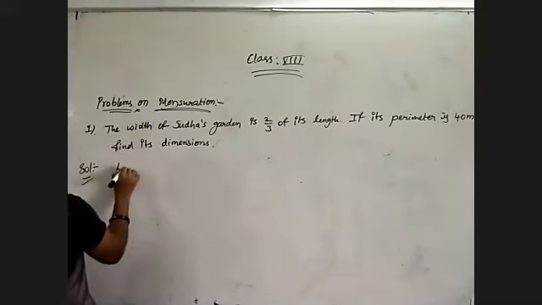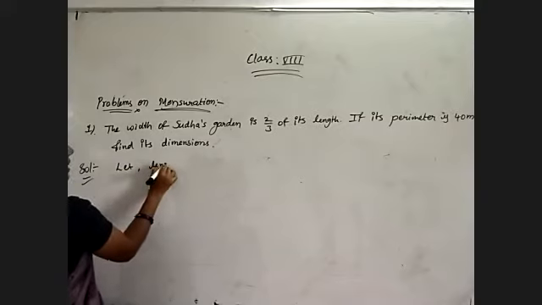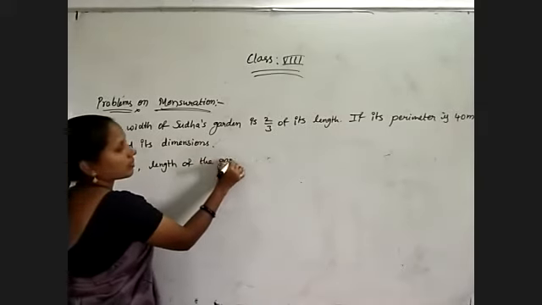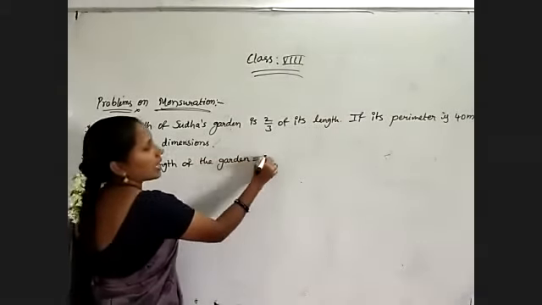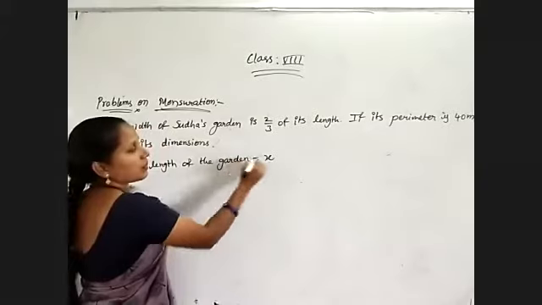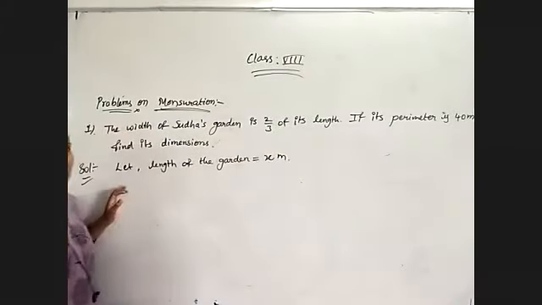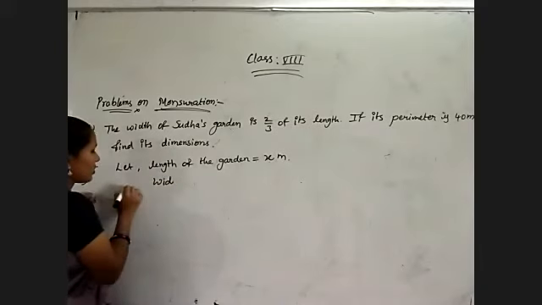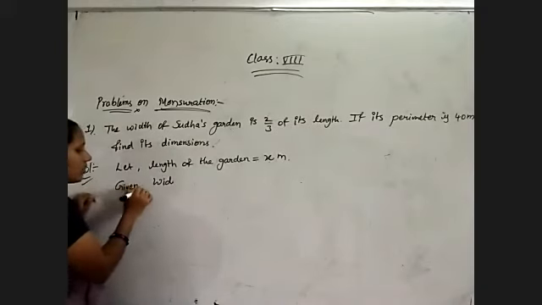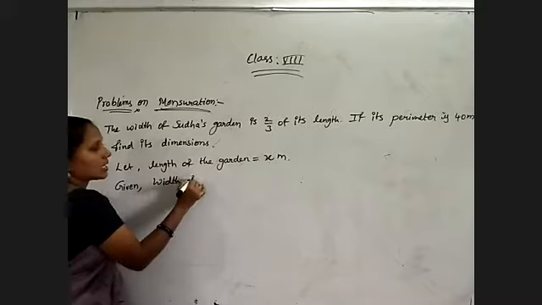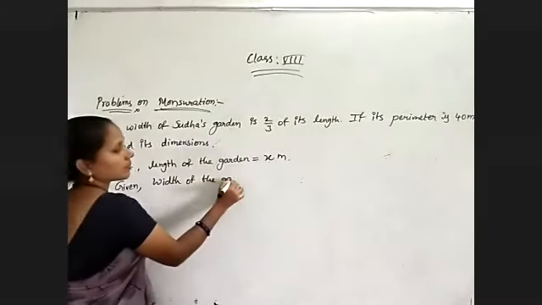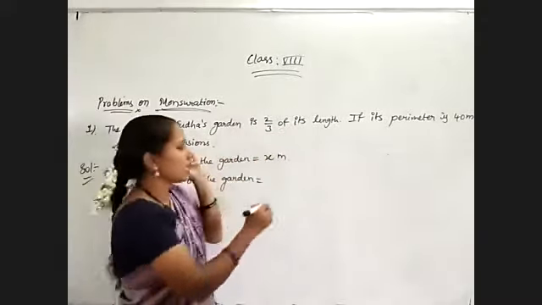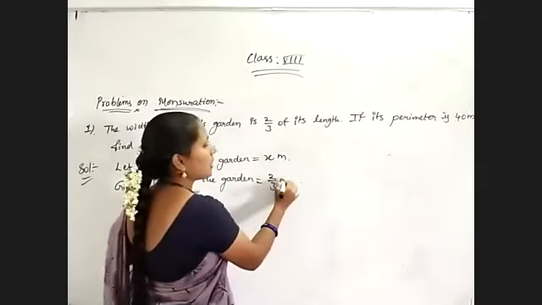So let the length of the garden be equal to x meters, because the perimeter is given in meters. Okay. Now the width of the garden. This is given in the question. Given width of the garden is equal to 2/3 of its length.